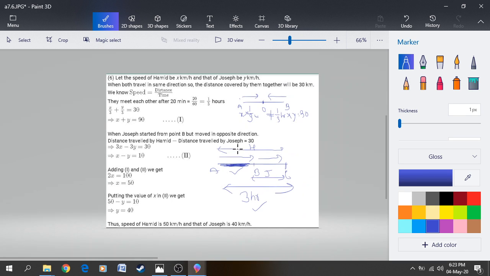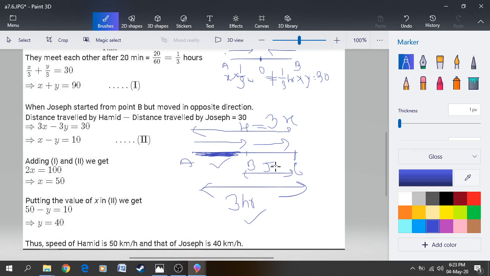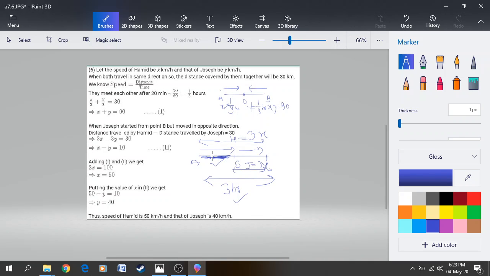This distance AC, Hamid distance is 3x, right? Minus 3y. 3y is the Joseph distance, which is this one. 3x minus 3y is the 30, right? So this is the logic behind it.